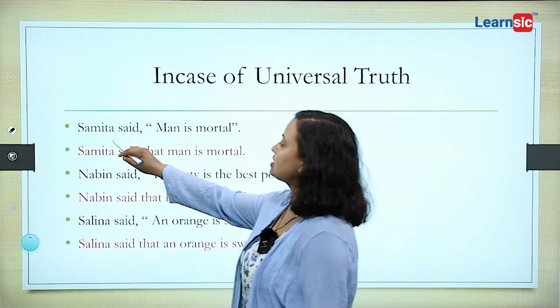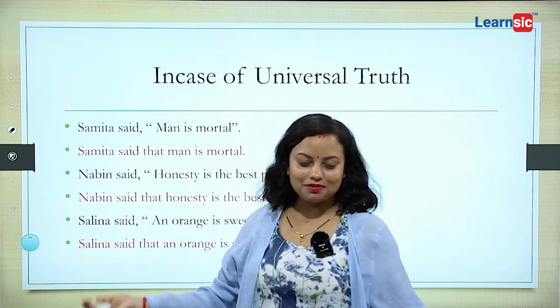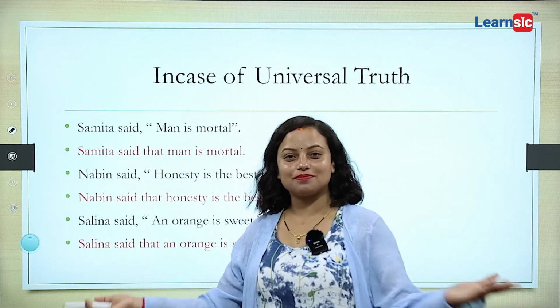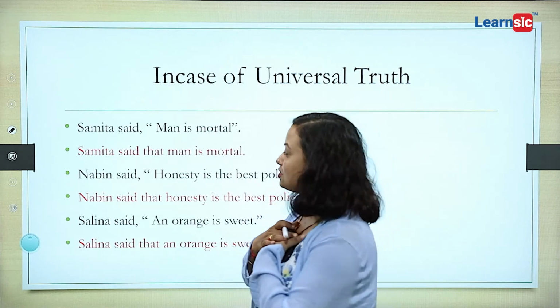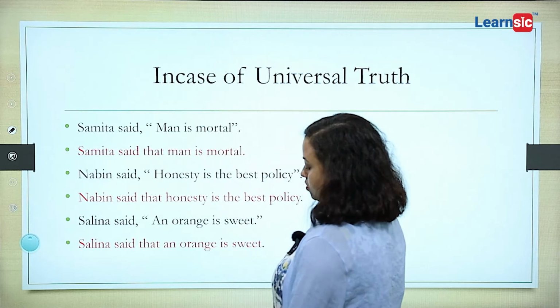Now, Samita said, okay, it is indirect speech. Samita, my name is Samita, that's why I always prefer to write my name, don't mind, okay, never mind. Samita said, man is mortal.